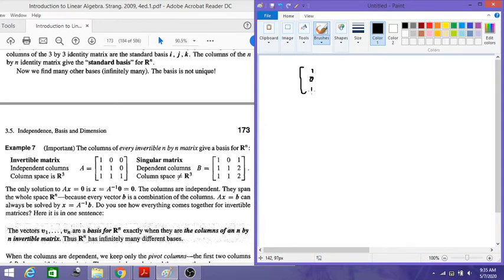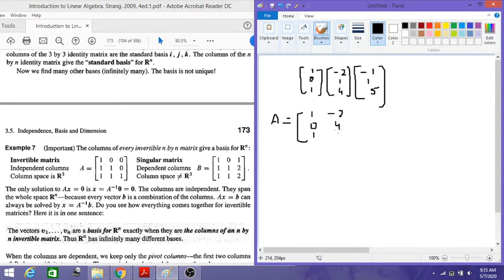So we'll take 1 0 1, then the second vector is minus 2 1 4, and the next vector we take as minus 1 1 5. So now we have just changed the third vector here, and let us put all three vectors in matrix form. So then we have 1 0 1, then minus 2 1 4, and this is minus 1 1 5.